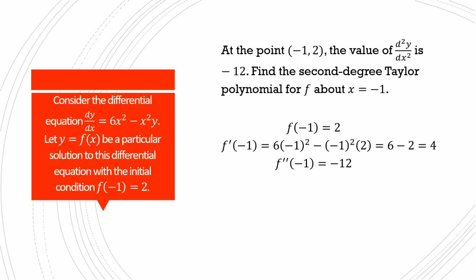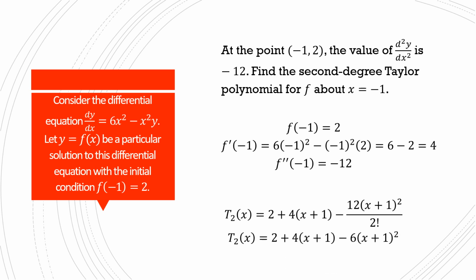And then they told me that the second derivative is -12, so they pretty much gave me everything I needed. From there, I can write out my Taylor series, making sure that I center it around x equals -1. All right, I went ahead and simplified mine. You don't really have to simplify yours if you don't want to, but it just looks a lot neater once it's simplified. So you're just going to get 1 point for the answer on this one because, again, it was pretty straightforward.